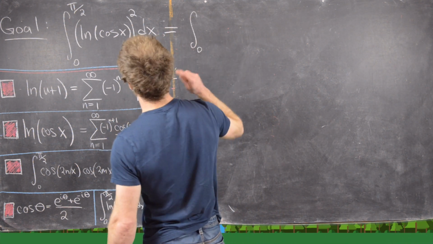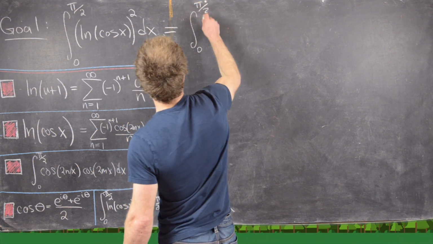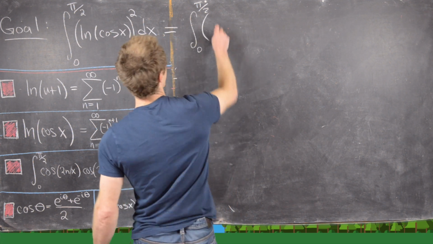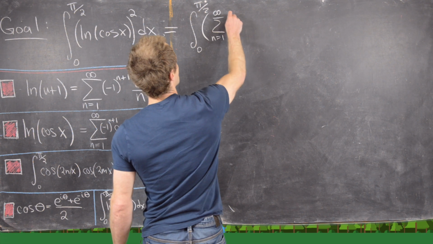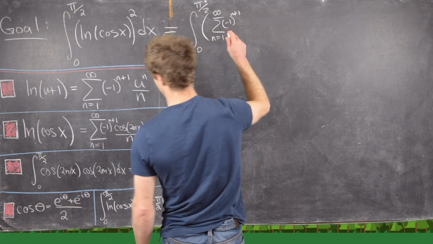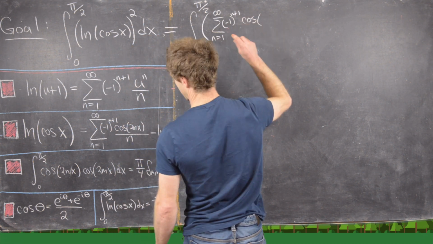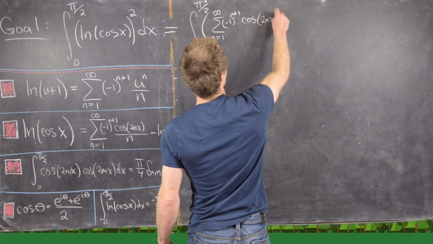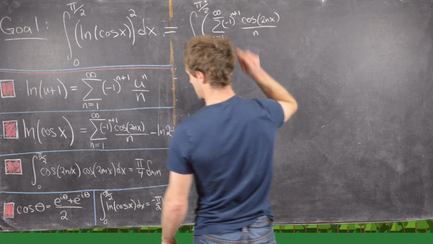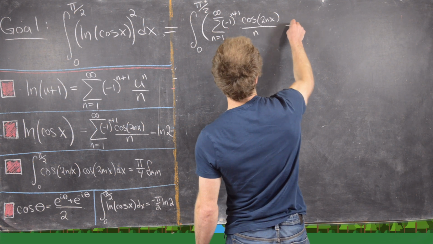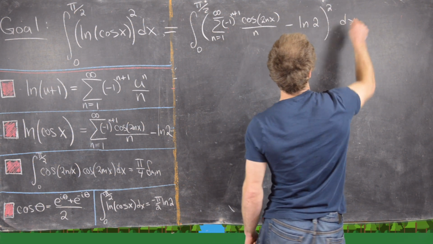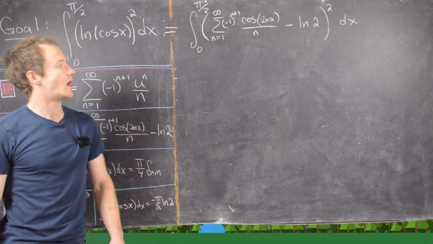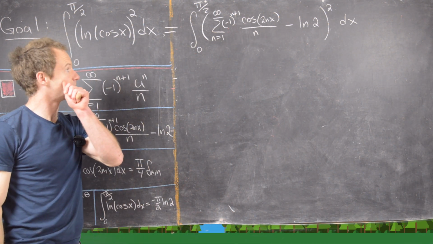We have the integral from 0 to pi over 2 of the sum n equals 1 to infinity, minus 1 to the n plus 1, cosine of 2nx over n, and then all of this minus the natural log of 2, and we're going to square all of that thing, and then integrate with respect to x.